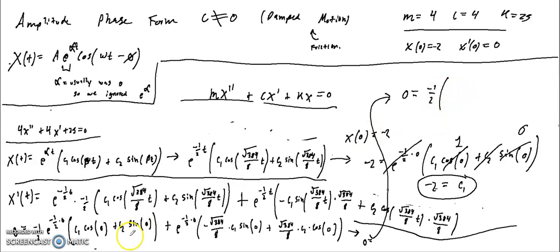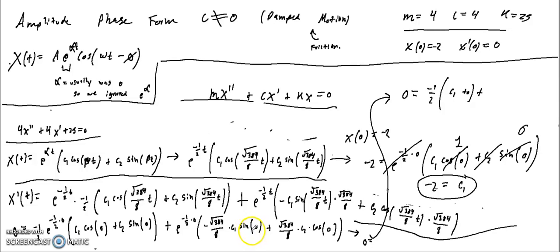So negative 1/2 times c1 times cosine of 0 is just c1 times 1, which is just c1, plus c2 times sine of 0, which is just 0, then plus e to the negative 1/2 times 0 is just 1, so we can disregard that.